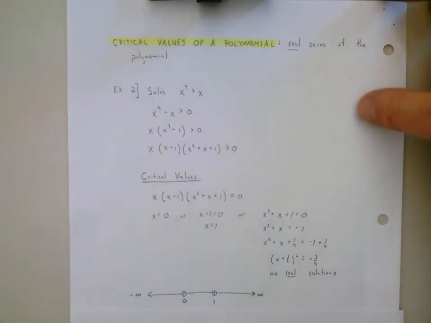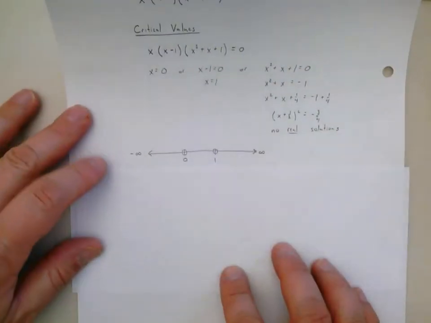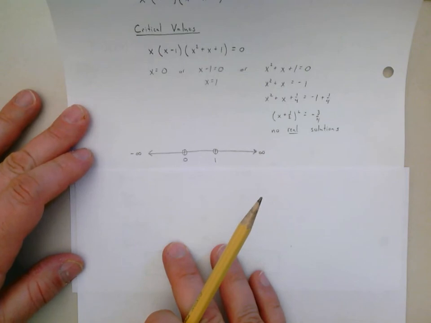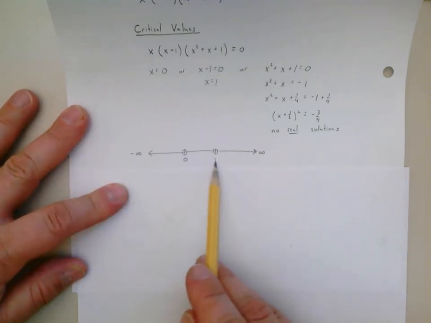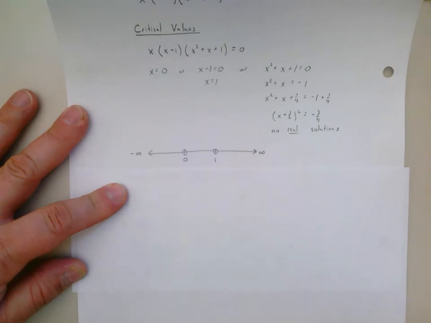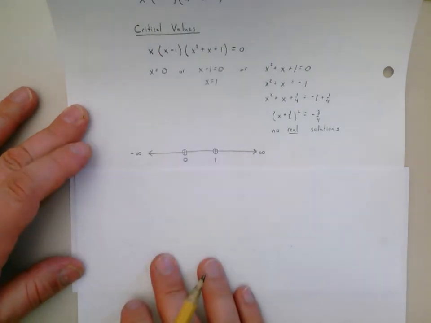As in the previous example, we have a strict inequality here. We have said that we strictly want to be greater than 0. Therefore, the critical values 0 and 1 are not solutions to my inequality, and I've graphed them on my number line with open points.